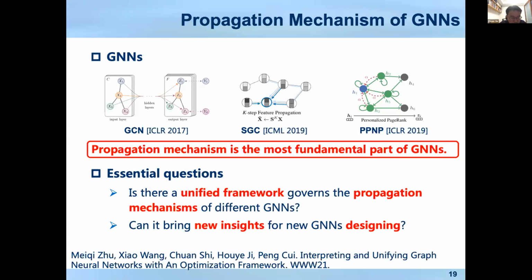So, the essential question we need to answer is: is there a unified framework to govern the propagation mechanism of different GNNs? And if so, can it bring new insight for new GNN design?